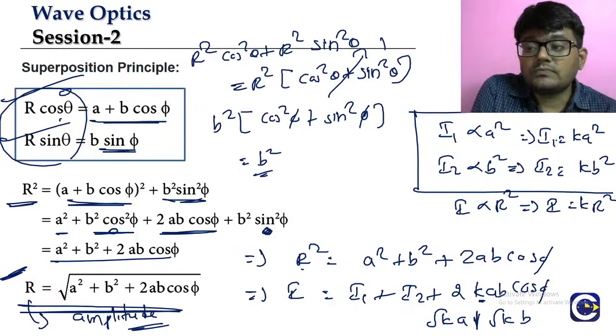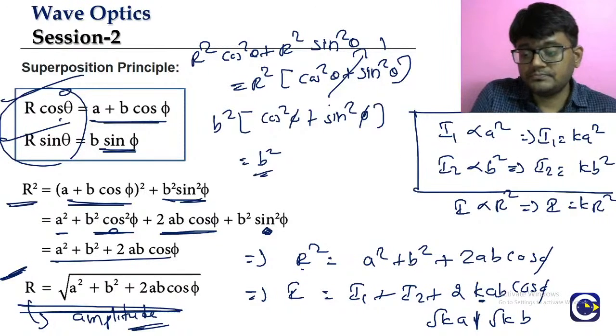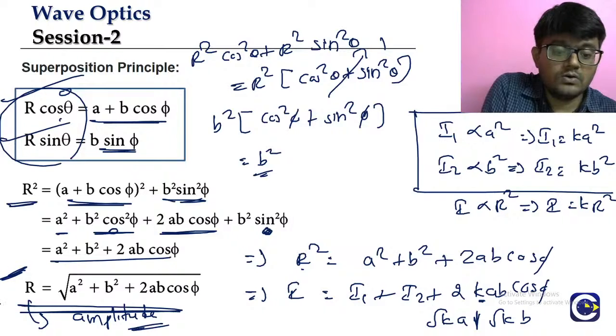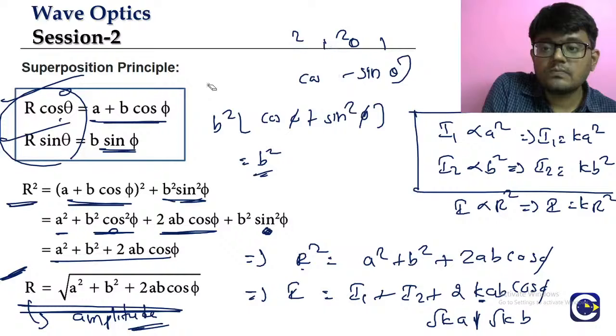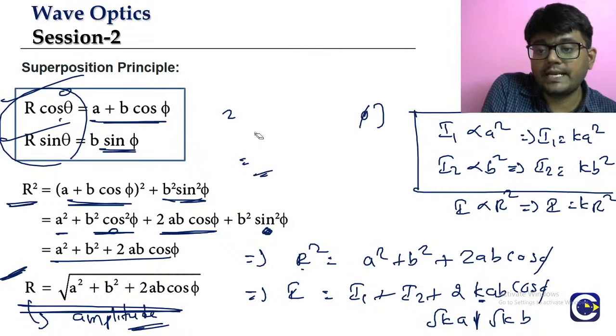I1 is what? K into A square. Take a square root on both sides.